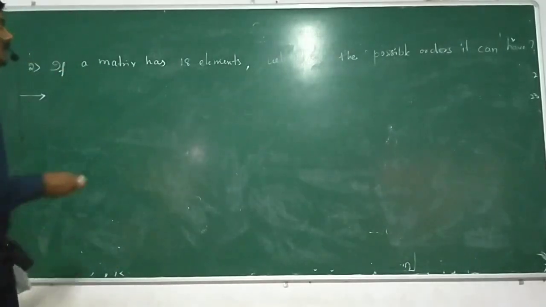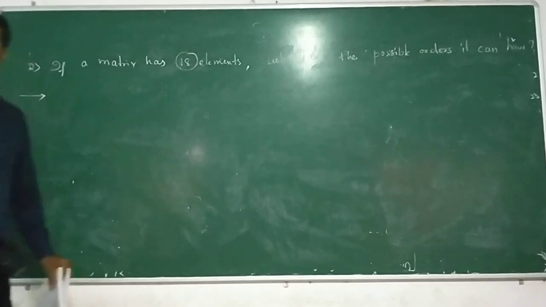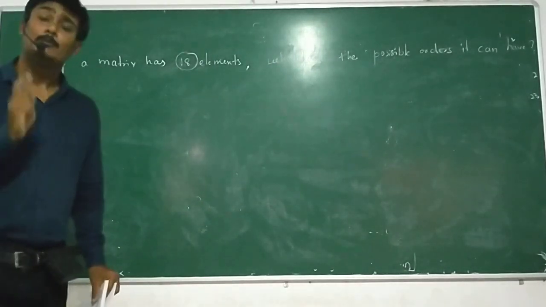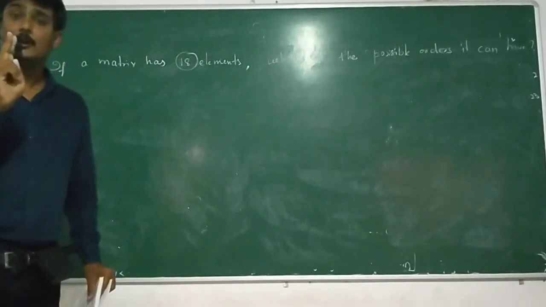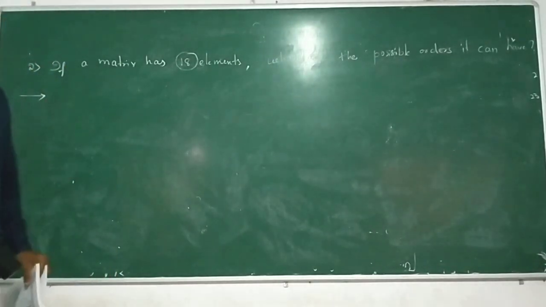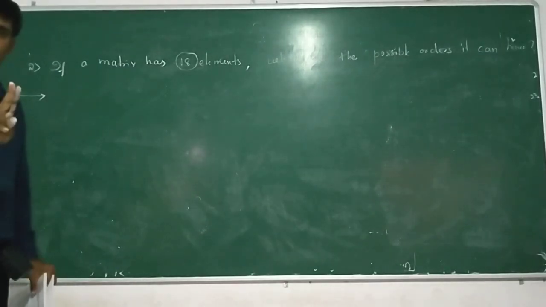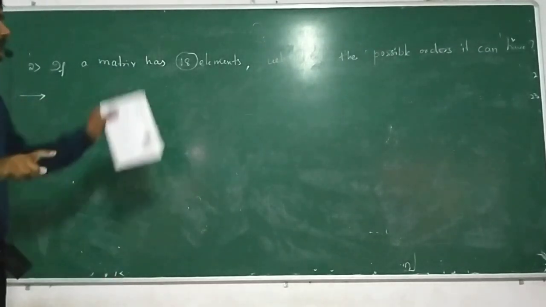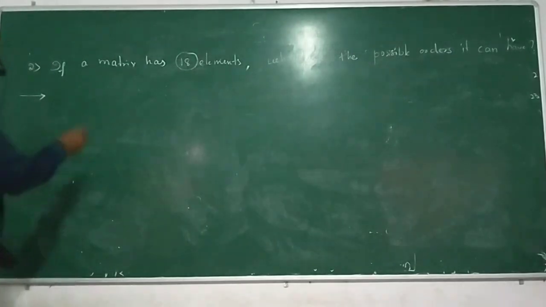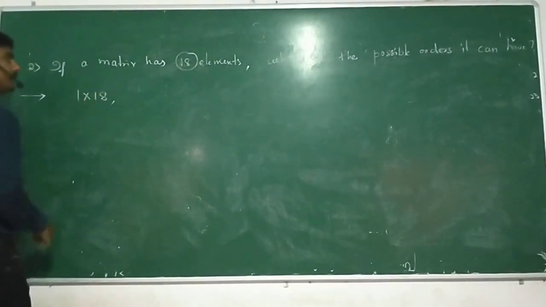So whenever we are given the number of elements, how do we write down the orders? We need to write down the ordered pairs whose product is 18. So then you will say 1 by 18, yes.